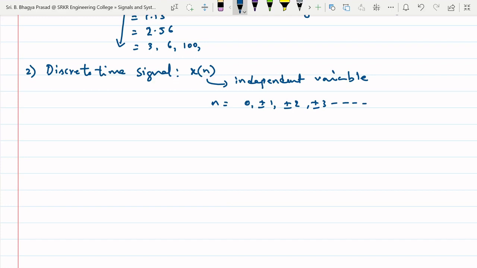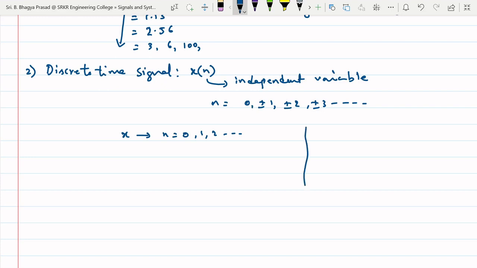So not like a continuous time signal at each and every instant. Here this x is defined at n equal to 0, 1, 2 and all these values, not only the positives, the negative integer values also.